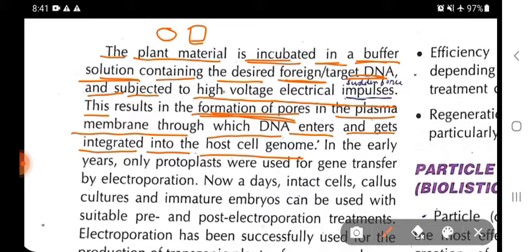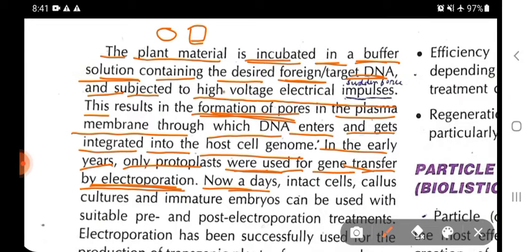That's the problem. In early years, only protoplasts were used for gene transfer by electroporation. What is a protoplast? Removal of the cell wall from the plant cell gives what is called a protoplast. So only protoplasts were previously used for genetic transfer by electroporation.